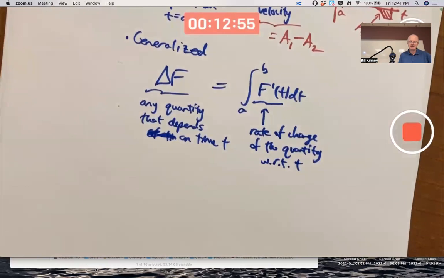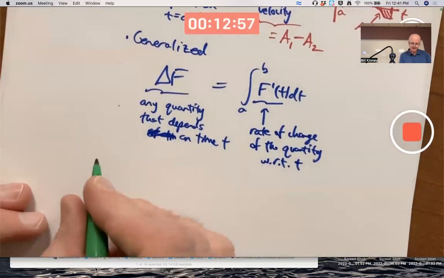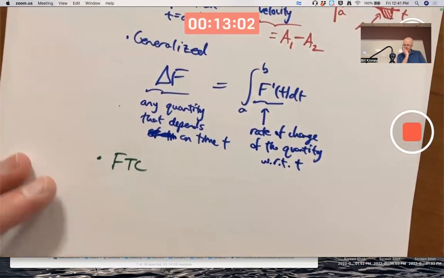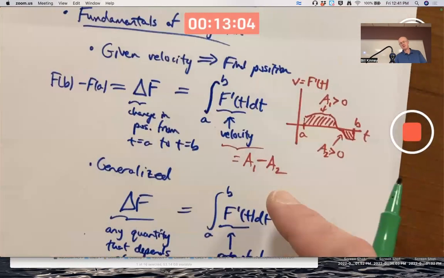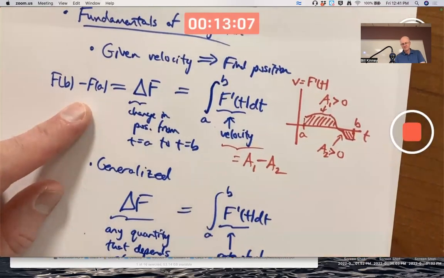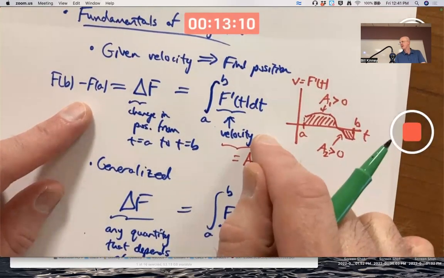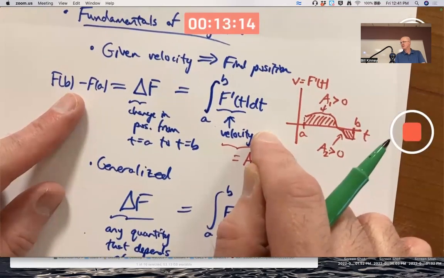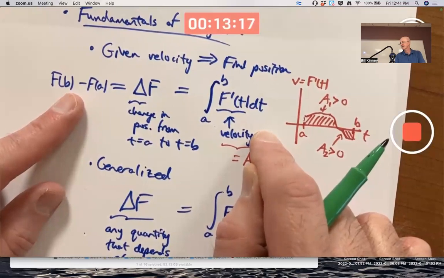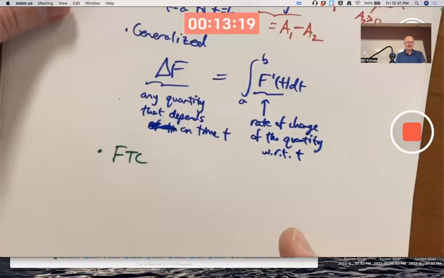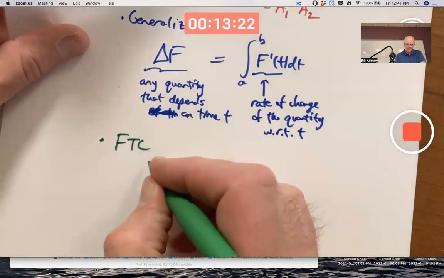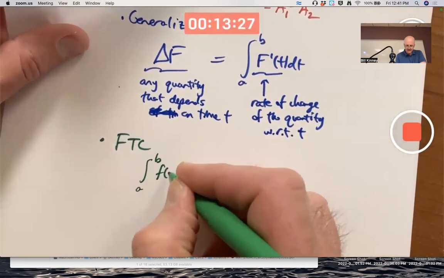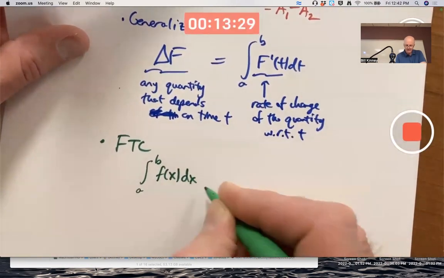As far as doing integrals, that was the fundamental theorem of calculus. You could call this the fundamental theorem of calculus up here as well, though in a sense, we were thinking of it more intuitively, almost as a definition. And down here, when we apply the FTC to do an integral like this, and let me change the variable name to be, say, x here, not that I have to.